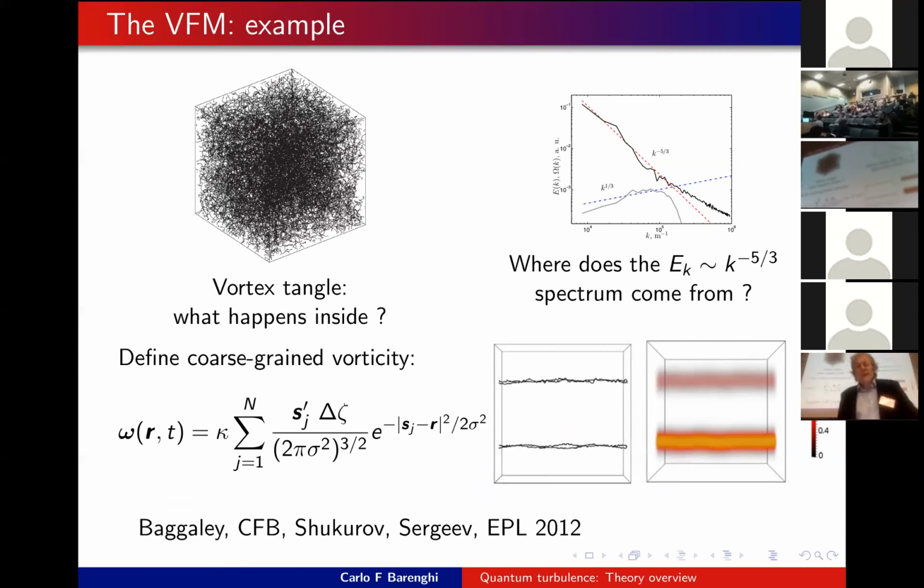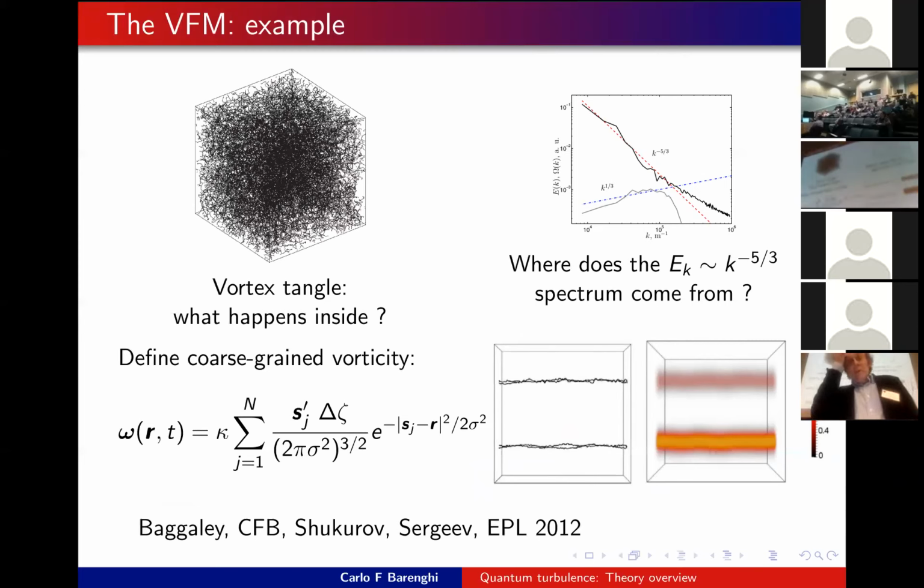So if we want to define vorticity in some practical way, we can do something along these lines, for example. Here you see a formula which essentially tries to dress up the tangent vector at any location labeled by the index j along a vortex line with some kind of Gaussian, with some arbitrary width sigma. So build up some kind of Gaussian dresses along the vortices and create an oriented vector field, omega, vorticity.